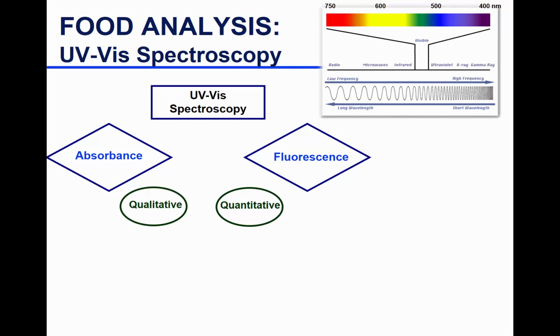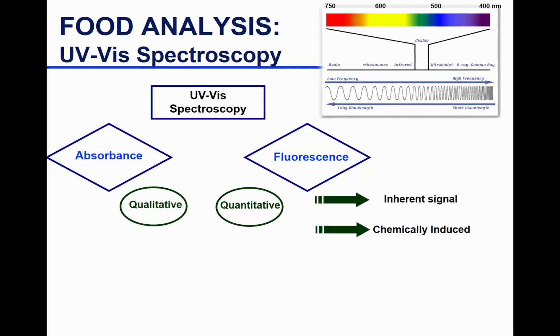For quantification, obviously we have standards, we're on calibration, we have a standard curve, and we get quantification of compounds by linking absorption to concentration of known standards. Absorption or fluorescence.